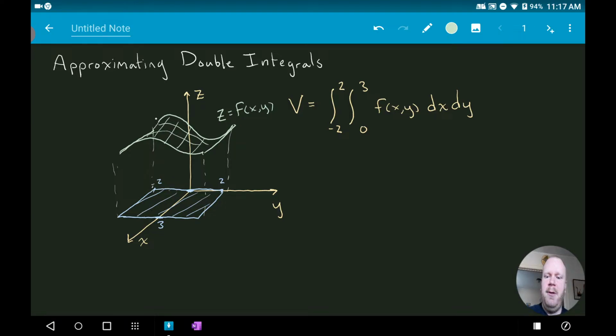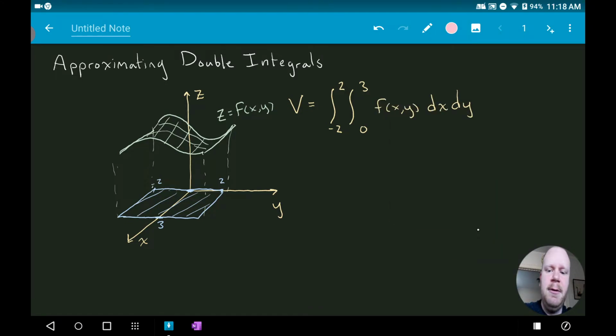So it's the volume underneath the surface over the region: y is between -2 and 2, x is in between 0 and 3. If we had a function for f of x and y, then we could just solve this double integral, maybe use Fubini's theorem to solve that. But this topic is about approximating double integrals.